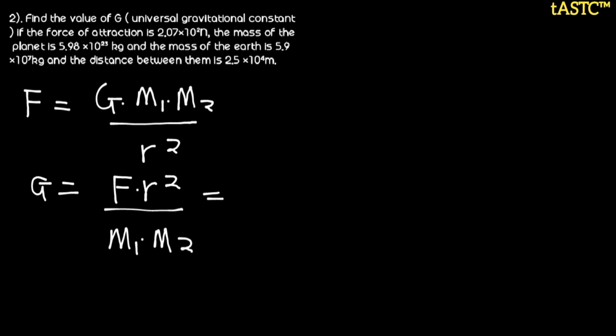So we just got to plug in all the parameters which we have there, and we'll be well on our way. Now f is 2.07 multiplied by 10 raised to the power of 2. And you have the radius squared. I should not actually call it the radius. It should be called the distance between the two bodies.